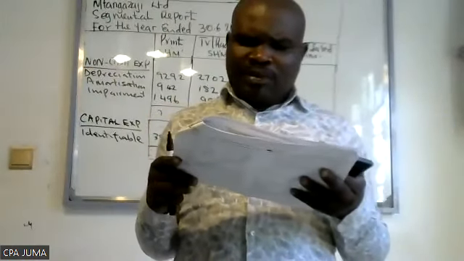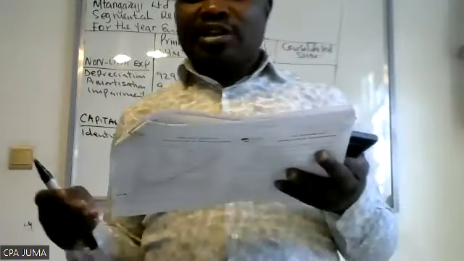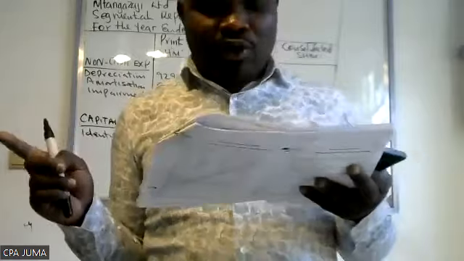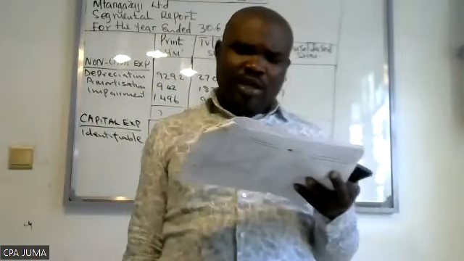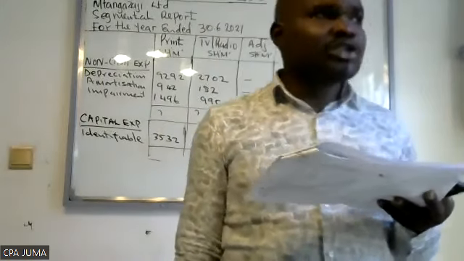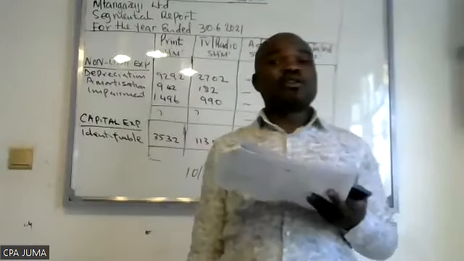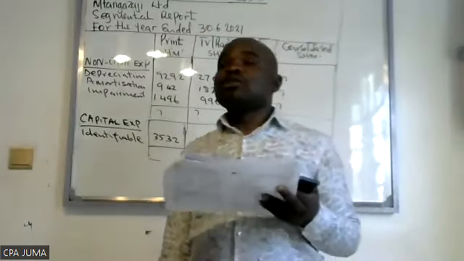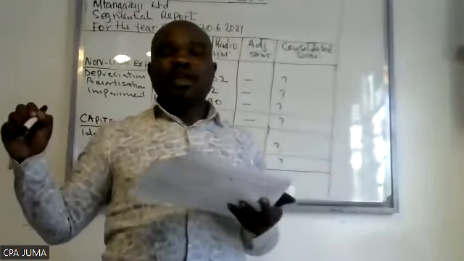Something else they need to be very keen on is the separation of corporate amounts. The corporate amounts and the unallocated are different. Unallocated means they can be used by any segment.